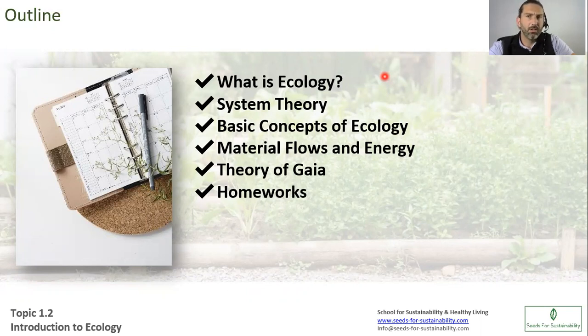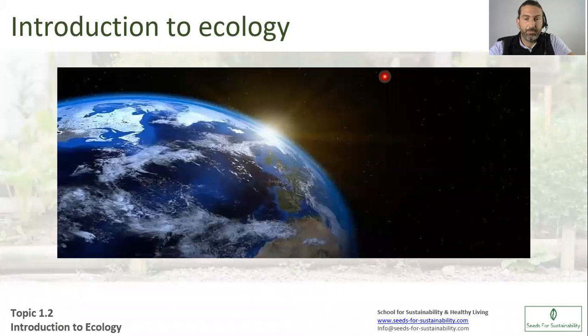Then we'll see some different terms and other main components of what we need to know about ecology, like what are producers, what are consumers. For example, we will look into the material flows and energy next. Then we see last the theory of Gaia. And then, as you know, we have a look at our homeworks for this topic.